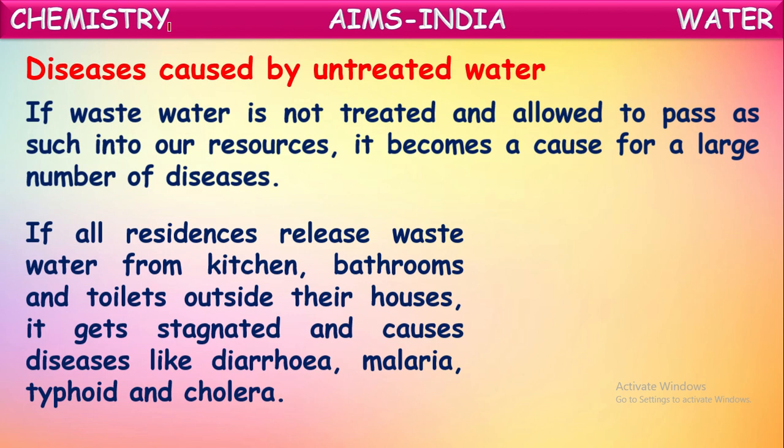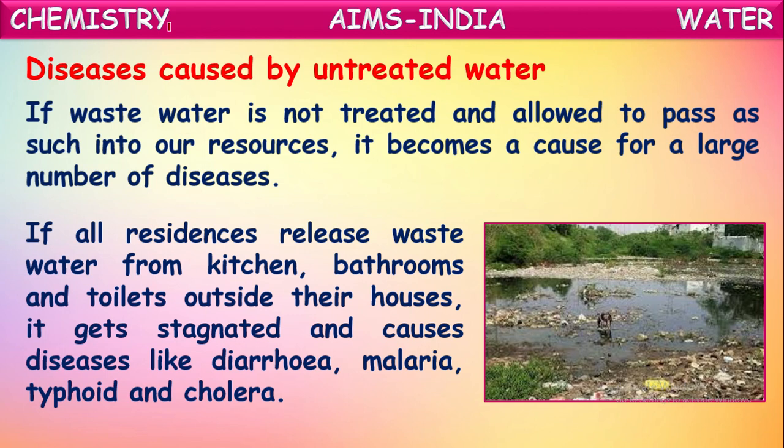If all residents release wastewater from kitchen, bathrooms, and toilets outside their houses, it gets stagnated and causes diseases like diarrhea, malaria, typhoid, and cholera. So these diseases are caused by stagnated, untreated water. We should not leave this water to stagnate in our surroundings.